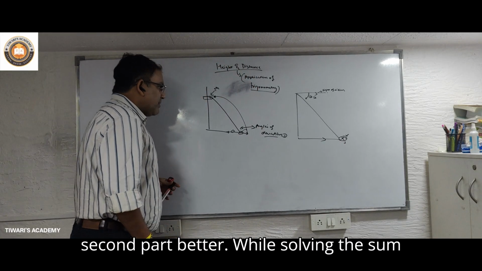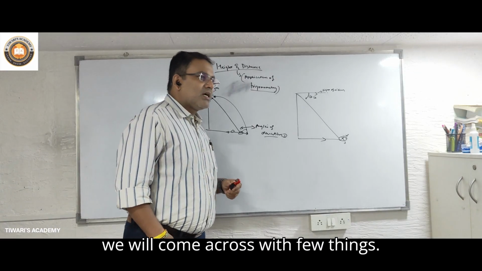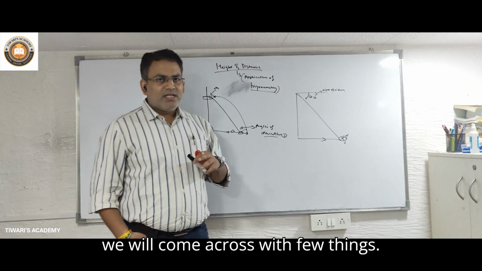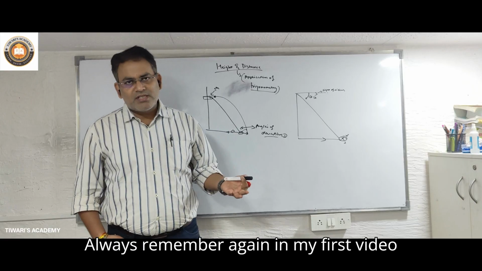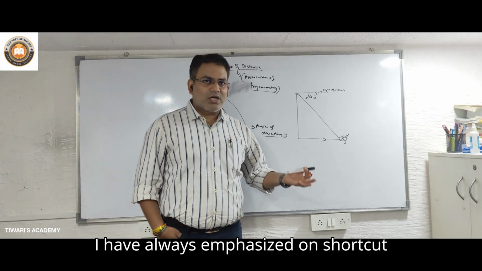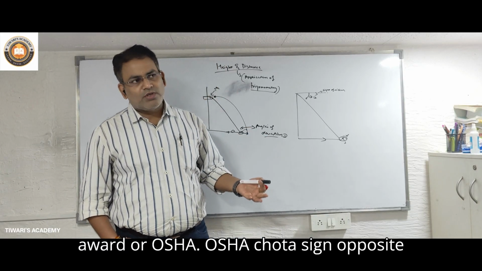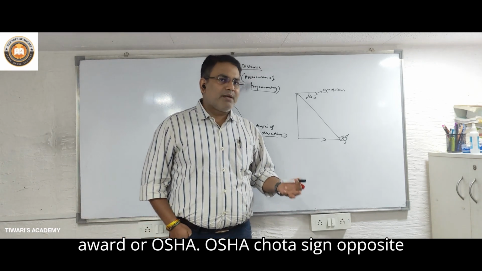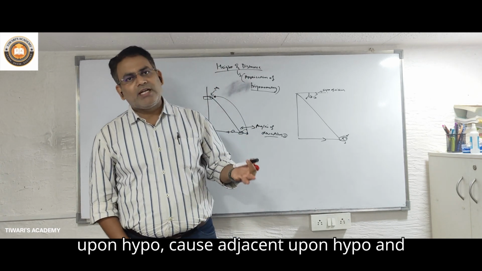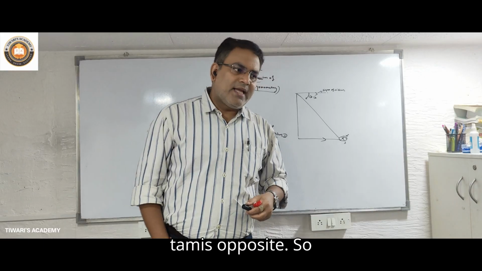Now second part, beta, while solving the sum we will come across a few things. Always remember, in my first video I emphasized on shoka toward or kosha chota. Sine is opposite upon hypotenuse, cos is adjacent upon hypotenuse, and tan is opposite upon adjacent.